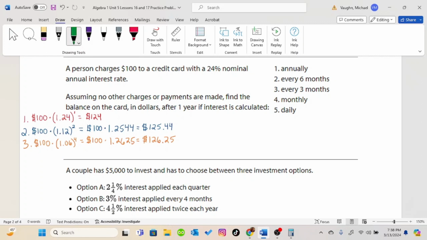Number 4, we're doing it monthly. So we still have the $100, but 24% divided by 12 months would be 2% per month. So that's 1.02 with an exponent of 12.